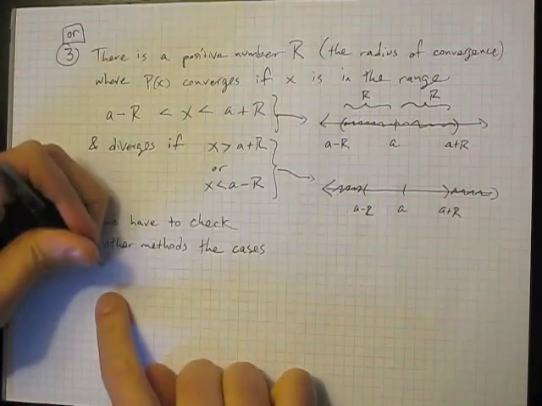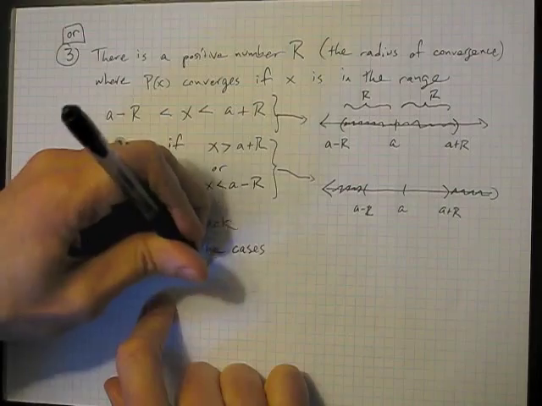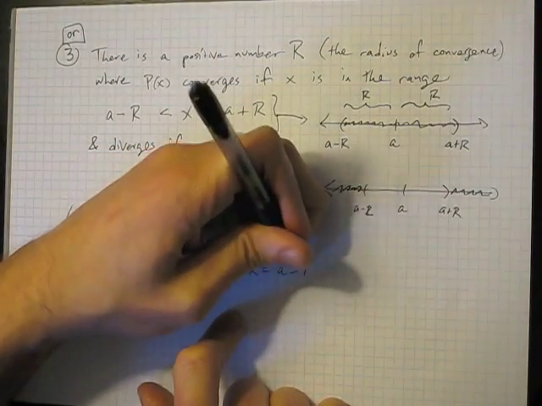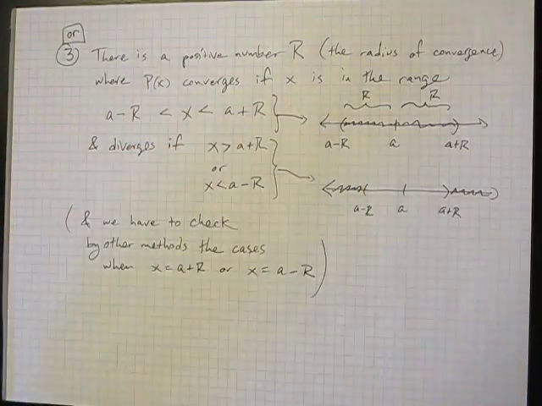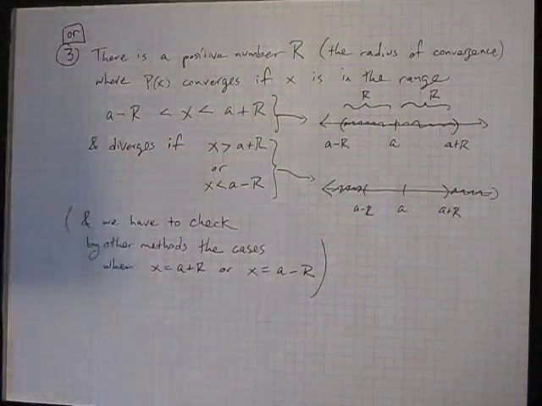So the case is when x is equal to a plus r, or x is equal to a minus r. Okay. So that is the statement of the convergence for power series.